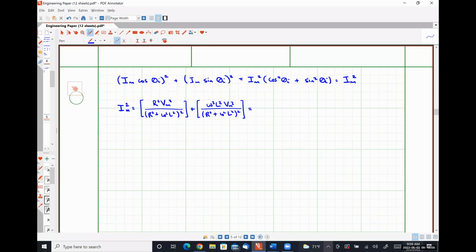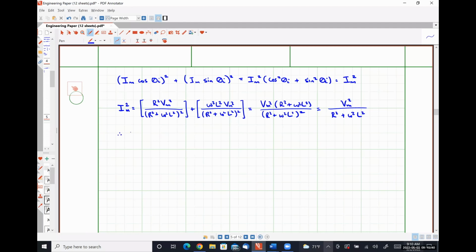And I can lump things together here. So I have a common factor of Vm squared. This is going to be multiplied by r squared plus omega squared L squared divided by (r squared plus omega squared L squared) quantity squared, giving me the magnitude squared is Vm squared over r squared plus omega squared L squared.